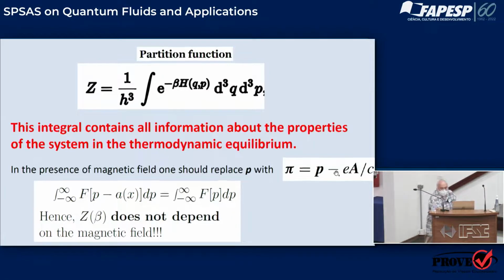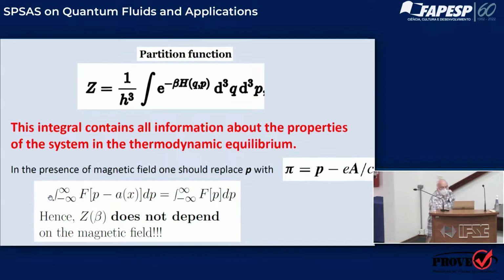It enters, as is well known since the time of Hamilton, by replacing the momentum P by the extended momentum or extended derivative, p minus the vector potential. I write everything in the Gaussian system of units. And then what will happen? We have an integral with respect to P and with respect to Q. And when we integrate with respect to P, then we can make a change of variables.